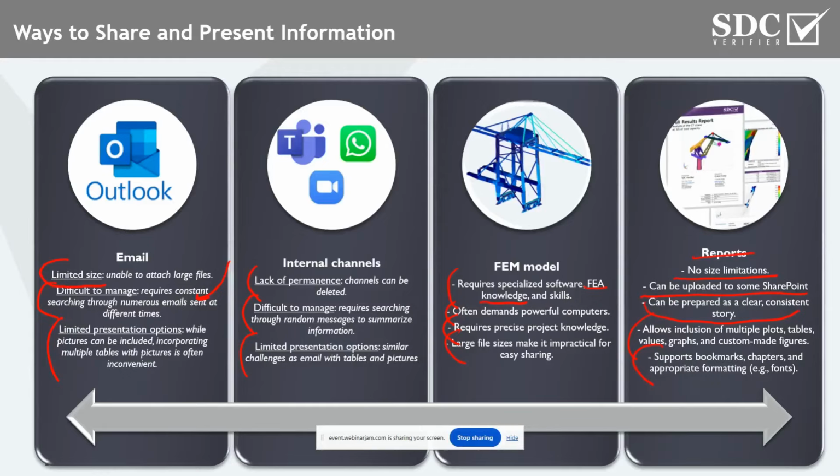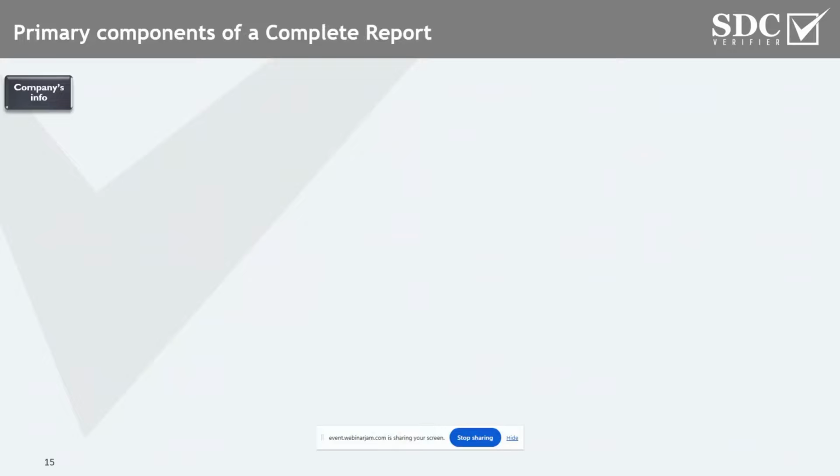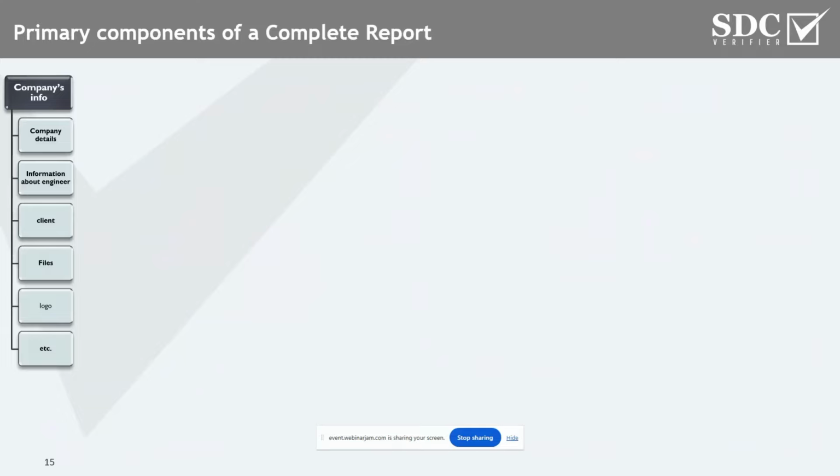Since we stopped at reporting, I would also like to highlight the primary components of a complete report. What do you need to show to make it complete and clear? First of all, I would start with the company's information. That means everything, basically: details and information about the engineer who did this report.